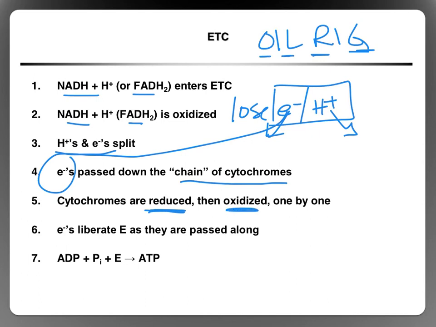Oxidation is losing, so as they lose their electrons, they become oxidized, and this happens one by one. And in the process, as these electrons are transported and passed along the cytochromes, they liberate energy. And that energy is used to bind a phosphate to an ADP, and we end up producing ATP.